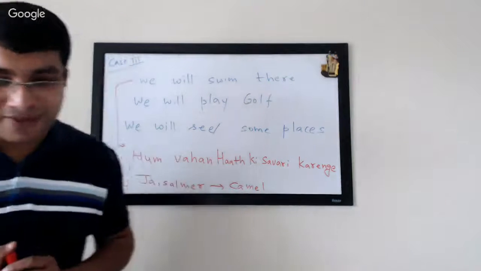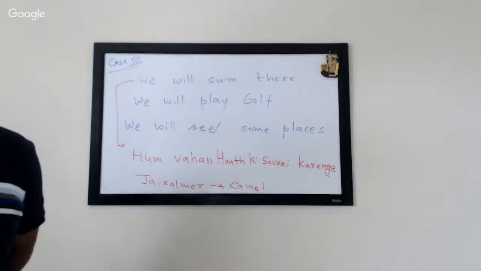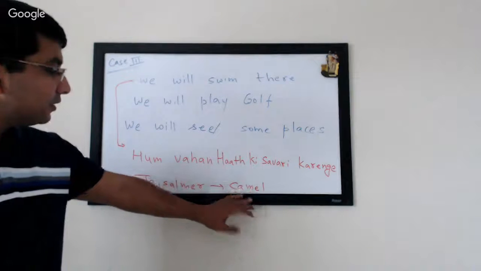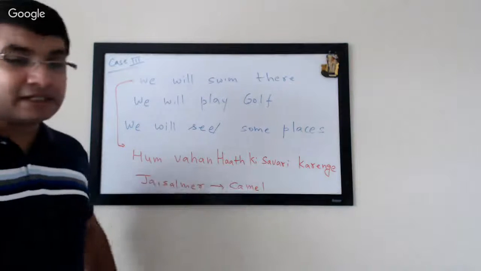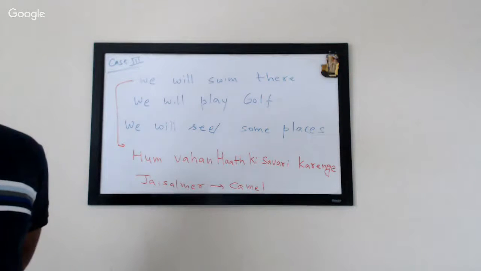I'm going to take a quick break again to see if you can come up with it. If you don't know the Hindi word for camel, you can simply say हम वहाँ camel की सवारी करेंगे. But if you know the Hindi word for it, you can try that.